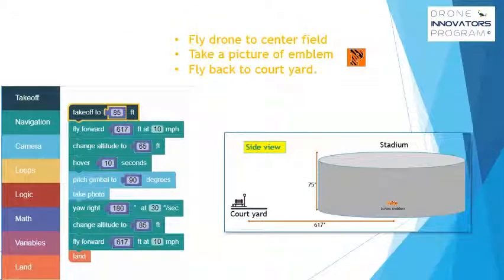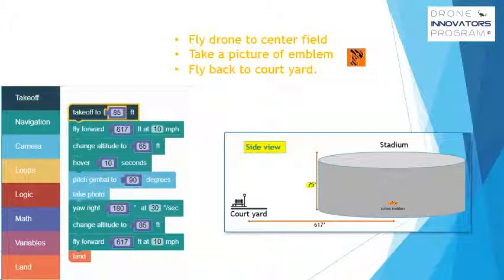All right, so I have a little highlighter here to explain the steps of this. First, we're going to take off to 85 feet. Why 85? Because we want to make sure we're clearing the highest point, which is 75 feet.